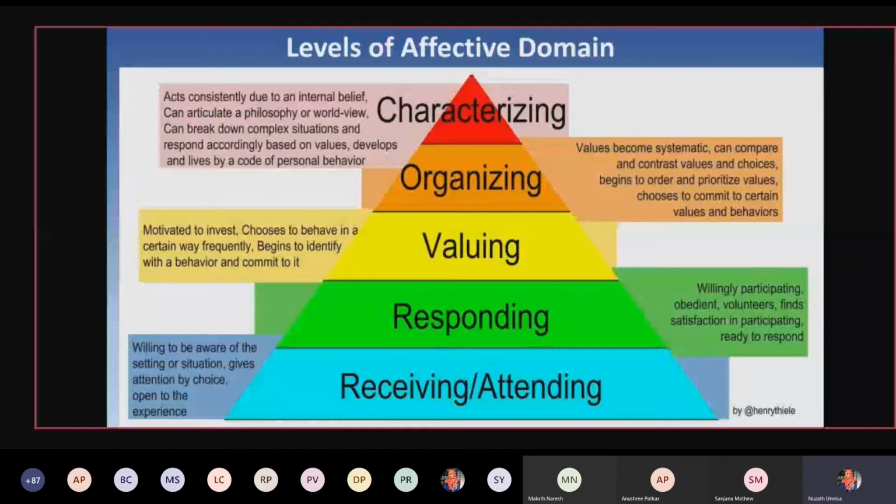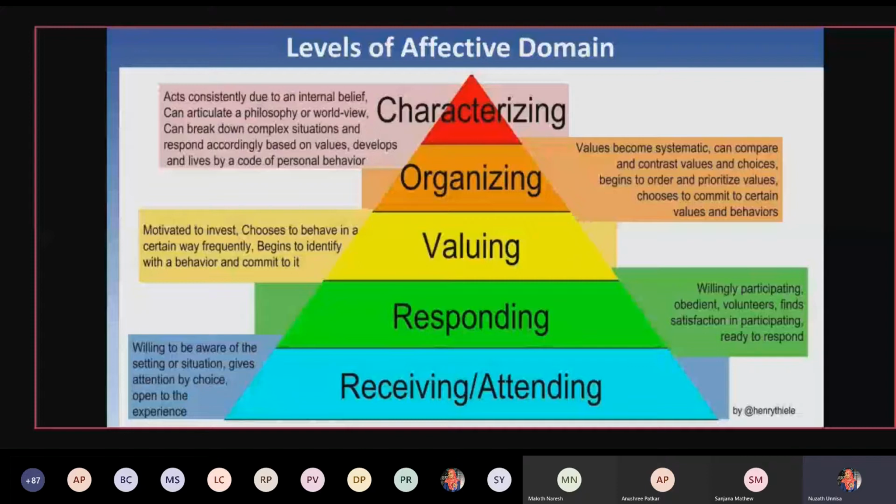Then moving on to the next level, responding. So willingly participating and volunteers and finds satisfaction in participating. Then the student is at this level of affective domain. We can say that he or she is satisfactorily performing.